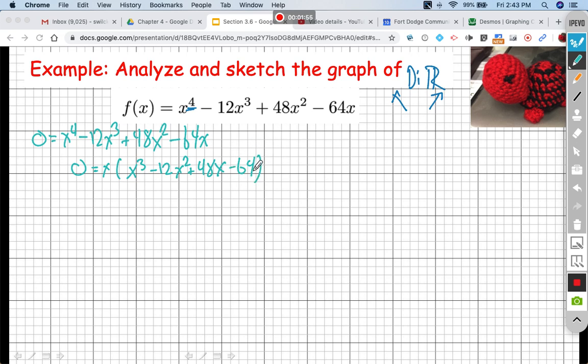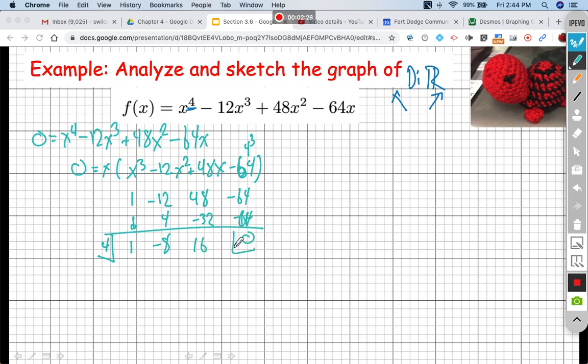I look at 64. 64 is 4 cubed, so I'm going to hope that maybe that works. So I'm just going to pull out my synthetic division: 1, negative 12, 48, negative 64. If I have a minus 4, I put a plus 4 here, and I'll bring down my 1. 1 times 4, minus 12 times 4, plus 48 times 4 is negative 64.